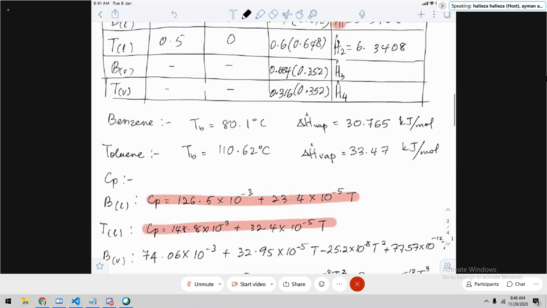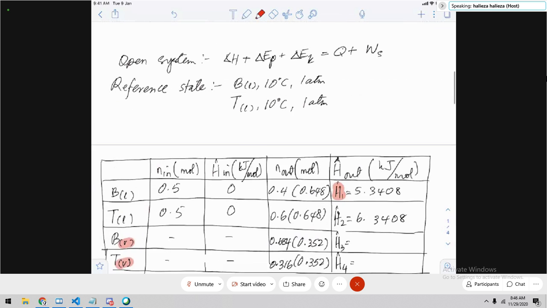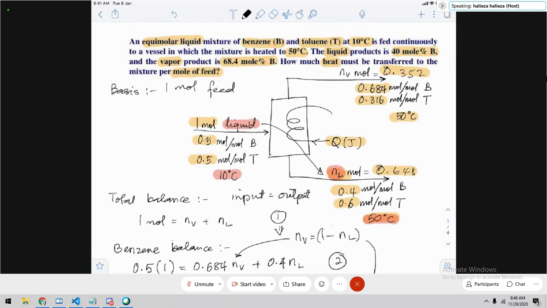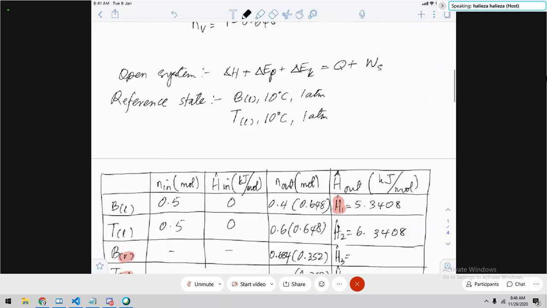Okay, next: enthalpy 3 and enthalpy 4. Now you are looking at vapor, which is what is happening here. From a liquid phase, you're going to change to vapor. So whenever you have a change of phase, you know you need to construct your hypothetical path.